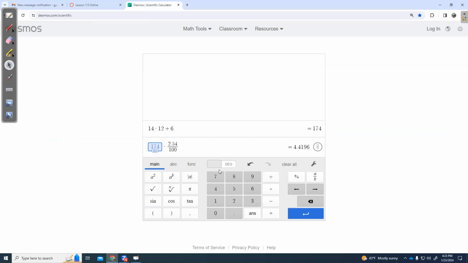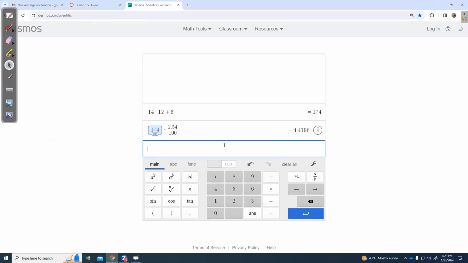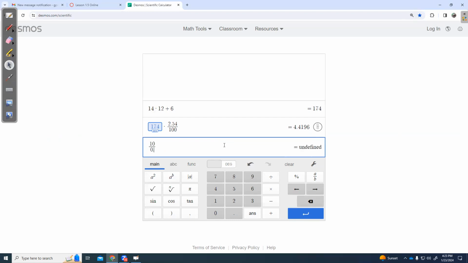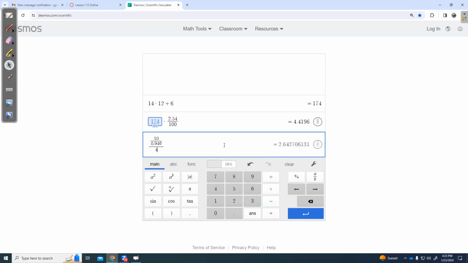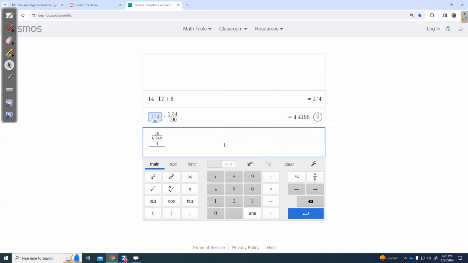All right, new calculation. So I'm starting with 10 liters, and I'm going to divide that by 0.946. I'm going to arrow out to the side. I'm going to divide that by 4. I'm going to arrow all the way out to the right, and then I'm going to divide that by 7.481.